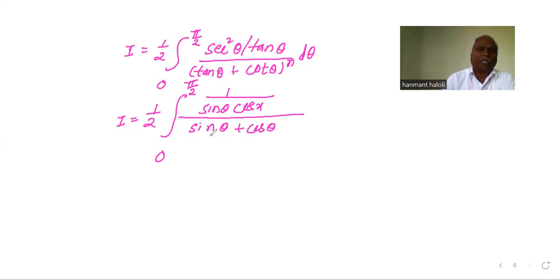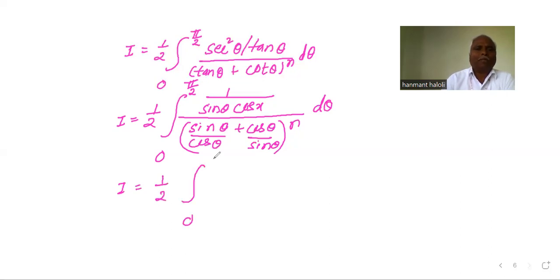Here you divide, you get cos theta and sin theta, whole raised to n into d theta, and integral I equal to 1 by 2, integral 0 to pi by 2.